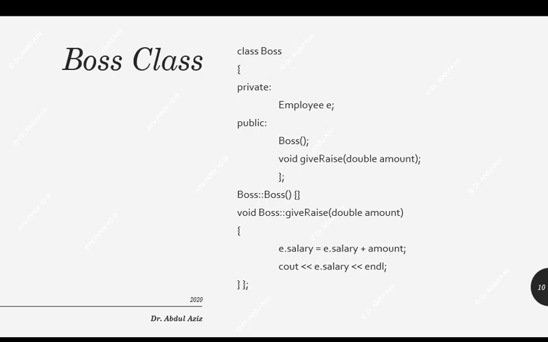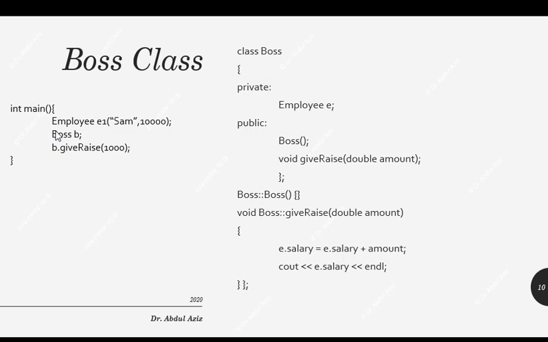object of Employee? We have one solution. If you look at this point, we can see that an object of Employee is declared within the class Boss. Let us see what is going to happen. In the public section, we have the giveRaise function, and this function is going to accept the amount, and that particular amount is going to be added to the existing salary, which means the raise is being given by the boss to the employee.